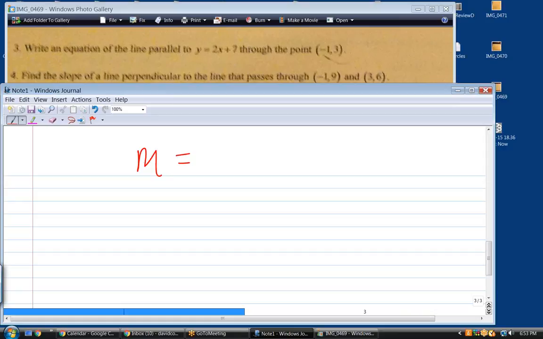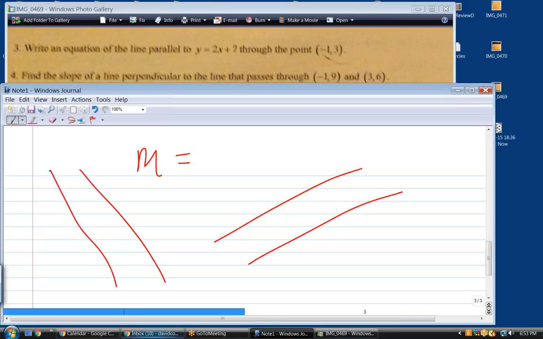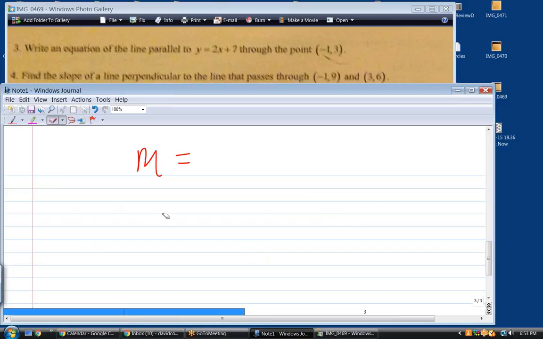No, it's the same as this slope. In other words, if you have two lines that are parallel, they have the same slope. No matter what it is. They're parallel, same slope. So the slope of the line that we're going to write the equation of is 2. Right? Because that's the slope of this line.